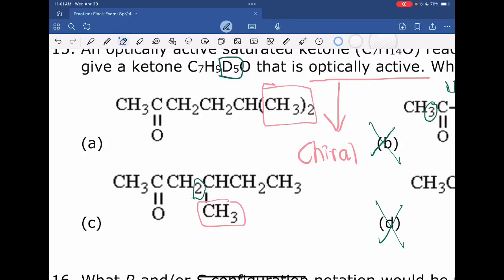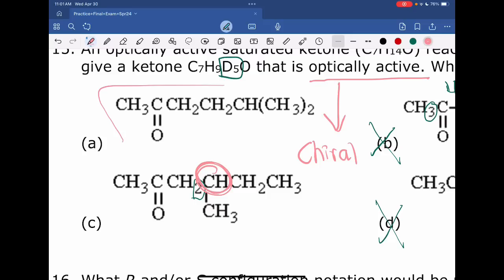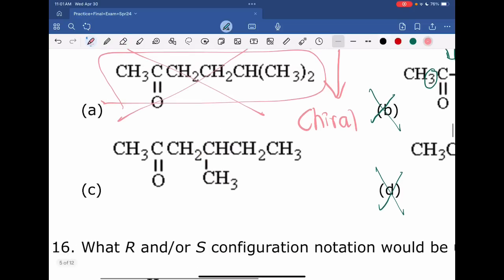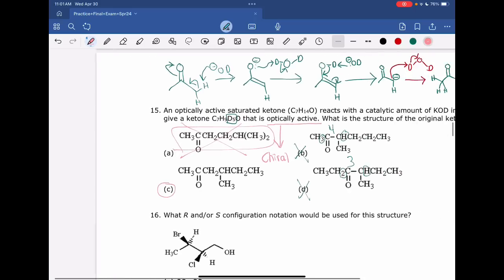And that difference makes this a chiral center. There is a chiral center here, and there are no chiral centers in A. So the answer is C, because it gets 5 H's and it has a chiral center. Okay.